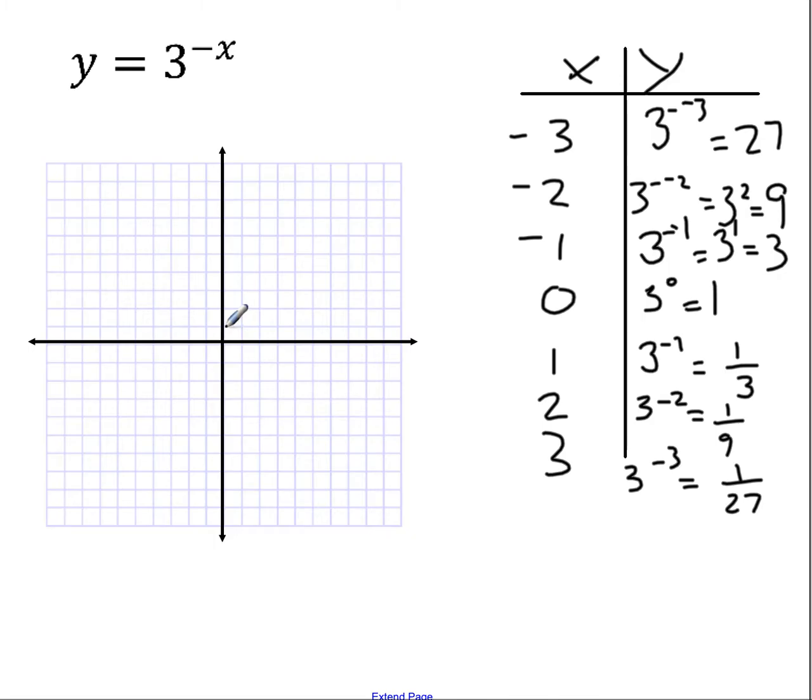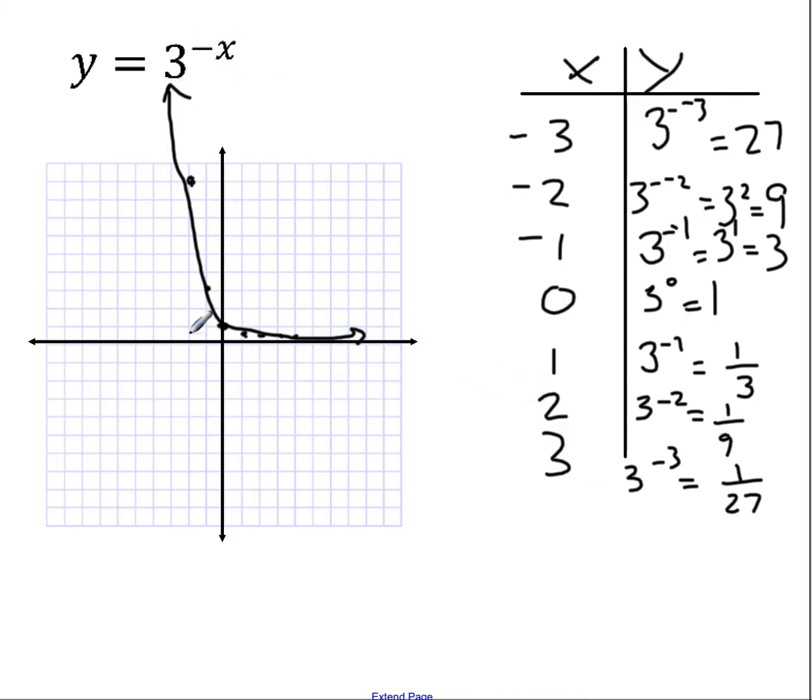Let's see, 0, 1, 1, 1/3. So these are now my fractional values, notice. And over here, I've got my larger values, so now it's kind of going the opposite direction. When you have 3 to the negative x, it starts high and it ends low.